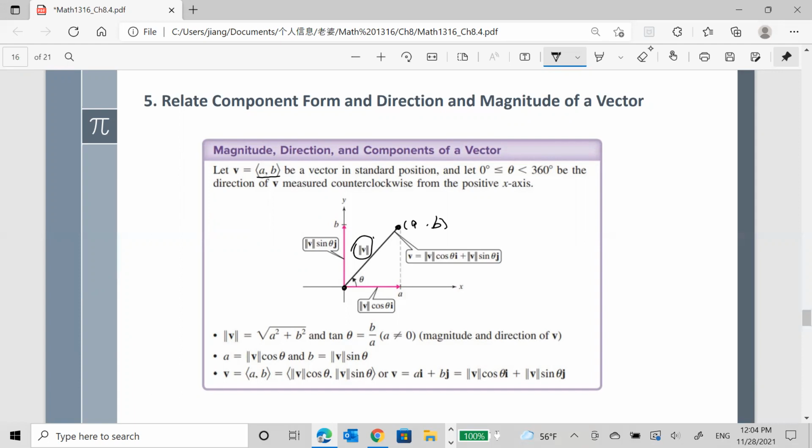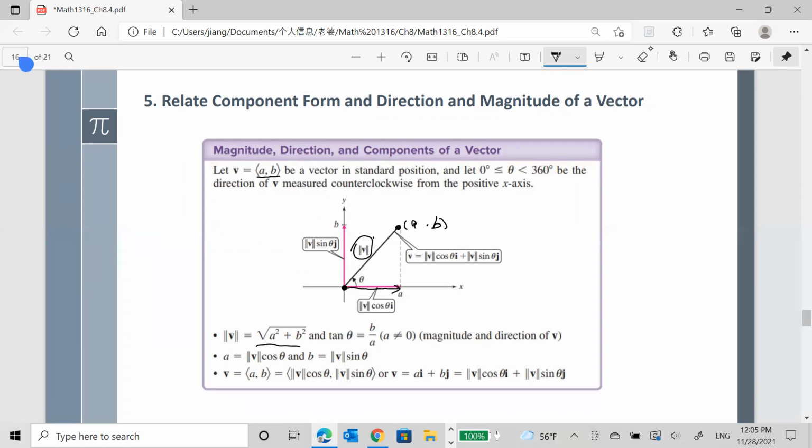Let's see the relationship between the magnitude and the point ab. The magnitude of v equals the square root of a squared plus b squared, and tangent theta equals b over a, and a is not 0. And how to find a? The a is from the initial to here, right? So that's the a.